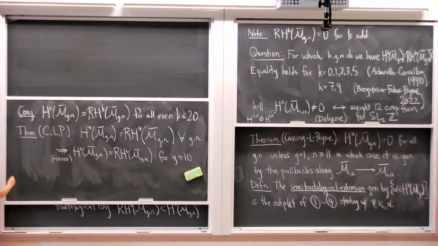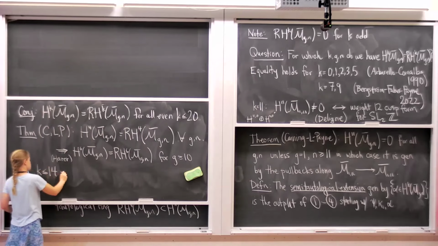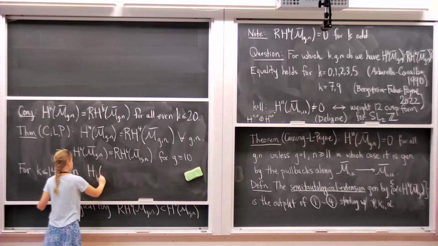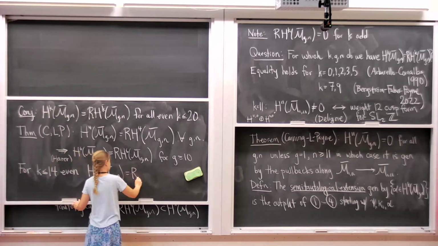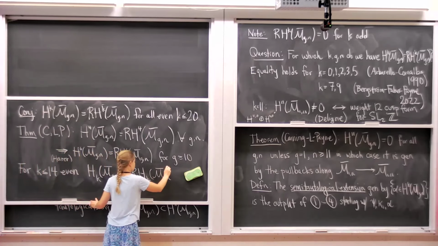And then the final thing I want to say is that for k less than or equal to 14 even, we have shown that H_k of M_{g,n} bar equals RH_k of M_{g,n} bar.